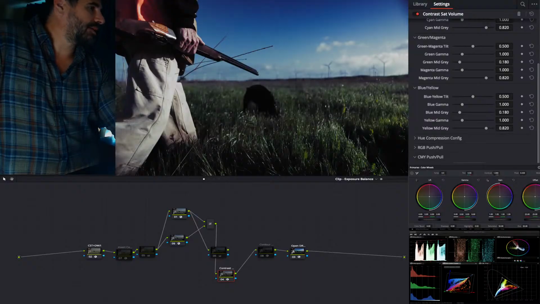We can get even more magnetism to our blues. Push away from our secondaries.